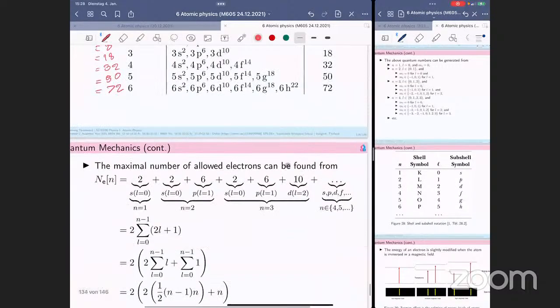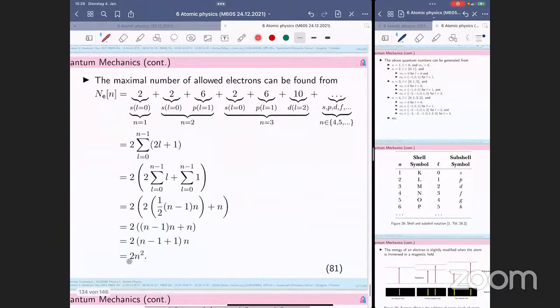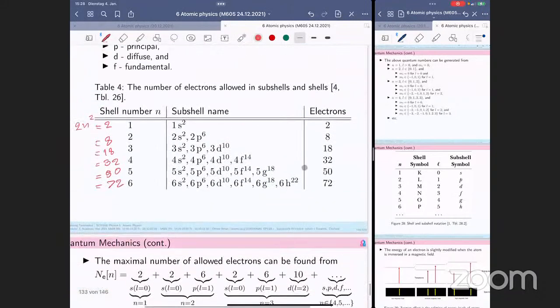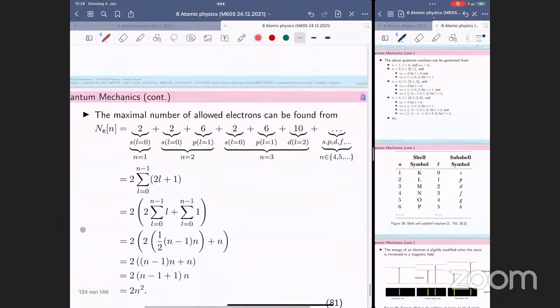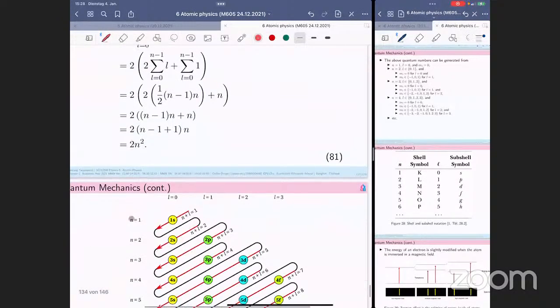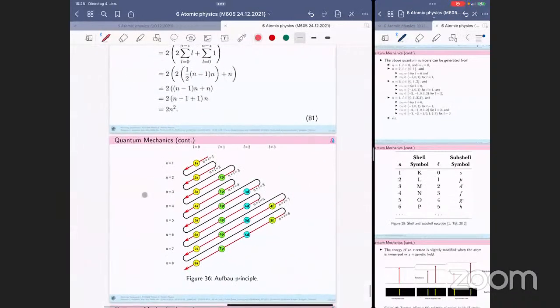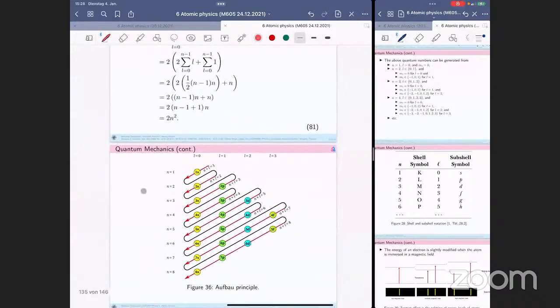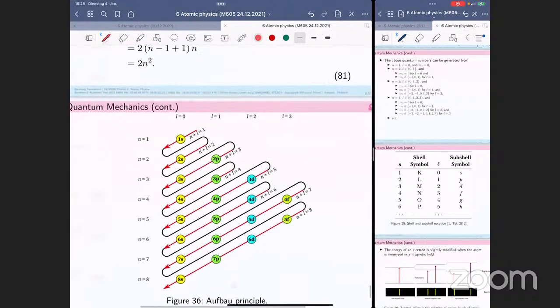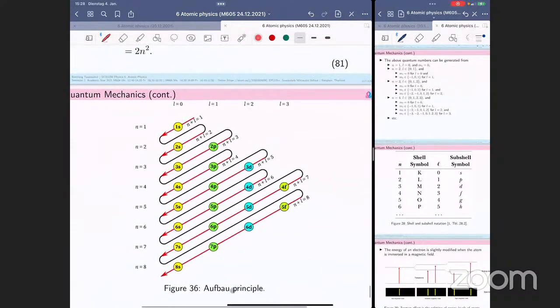All right, this is the final formula if you want to find the number of possible orbits of the electron in an atom. And in chemistry, they use a different way to express the electron orbits. That principle is called the Aufbau principle.